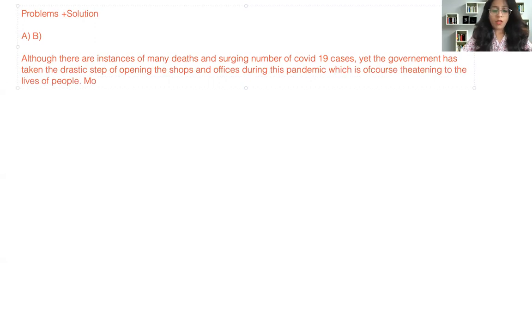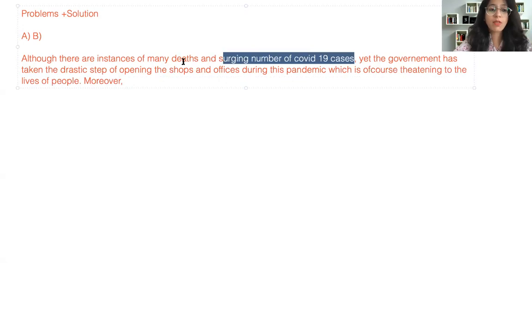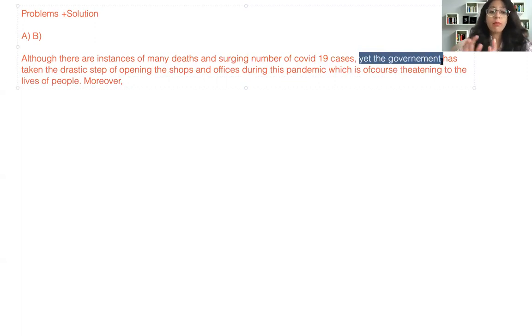Moreover, now we are adding a point. The problem I told in the first line, that is instances of many deaths and surging number of COVID cases, is the first problem that I have discussed. Then I have given a yet, that the government has taken this drastic step. And now I'm adding the second problem, moreover.